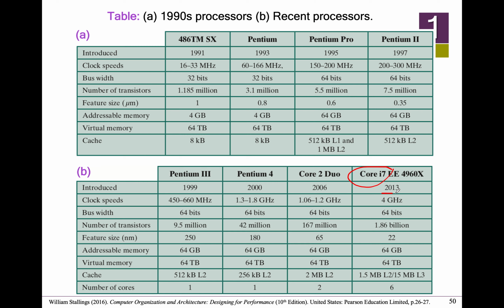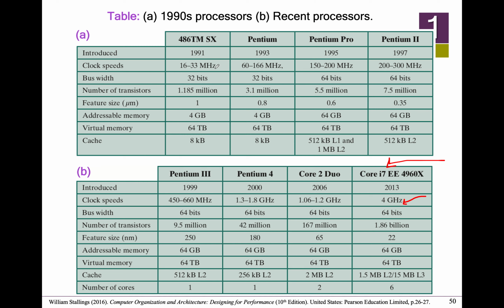Is there another, latest processor? I think not, but when I want to buy a new laptop, I'm going to do research on this. You can see the clock speed over here is 4 gigahertz.